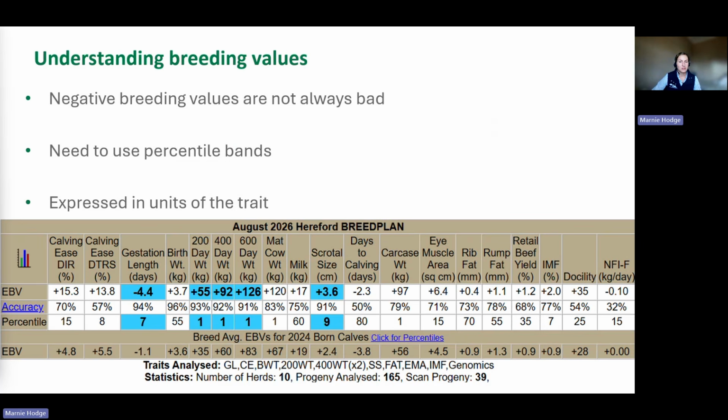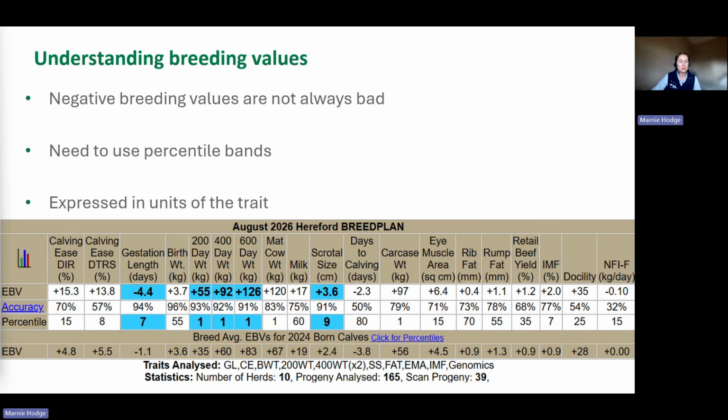Its breeding value for net feed intake is negative 0.10. In this particular instance, a negative net feed intake is actually a more positive direction than a positive one. So that's a good thing. Just remember to think about the direction of the breeding value in context of the trait.